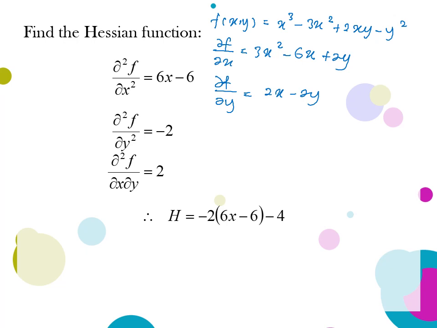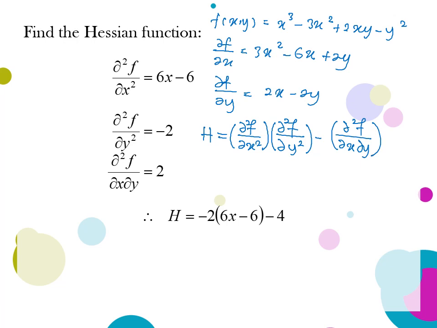Okay, now in order to find the Hessian, we need del squared f del x squared multiplied with del squared f del y squared, minus the mixed partial.